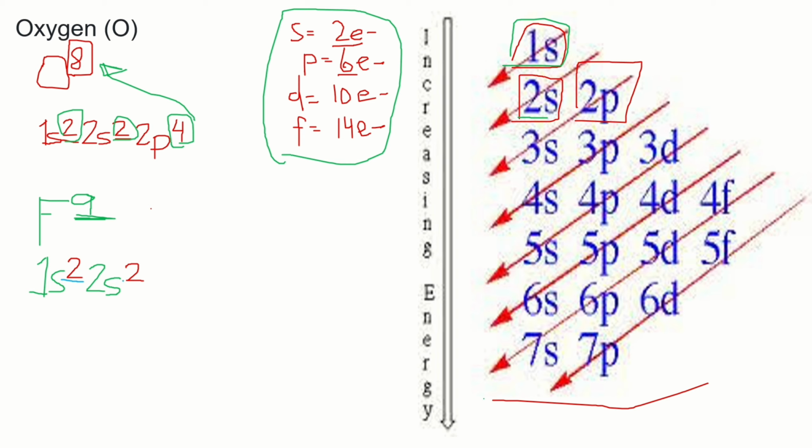We have a total of 4 electrons. We do need 5 more to reach 9 electrons. So let's proceed. After the 2s, we will have the 2p. Okay, 2p. Just follow the arrow.